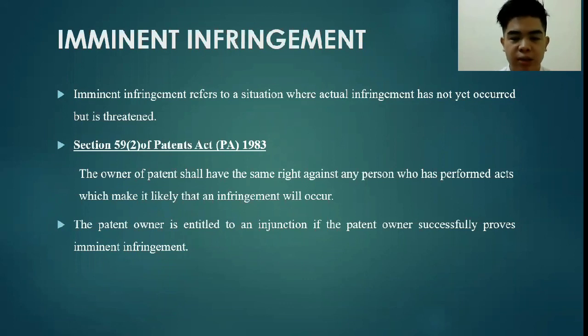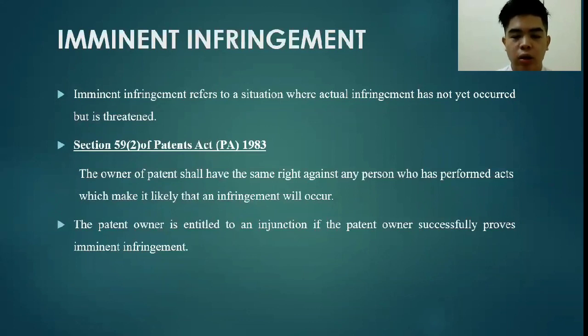This is expressed in Section 59, subsection 2 of the Patent Act 1983, which states that the owner of a patent possesses the same rights against any person who performs acts that make it likely that the infringement will occur. However, it should be noted that such infringement proceedings are the same as normal infringement proceedings.